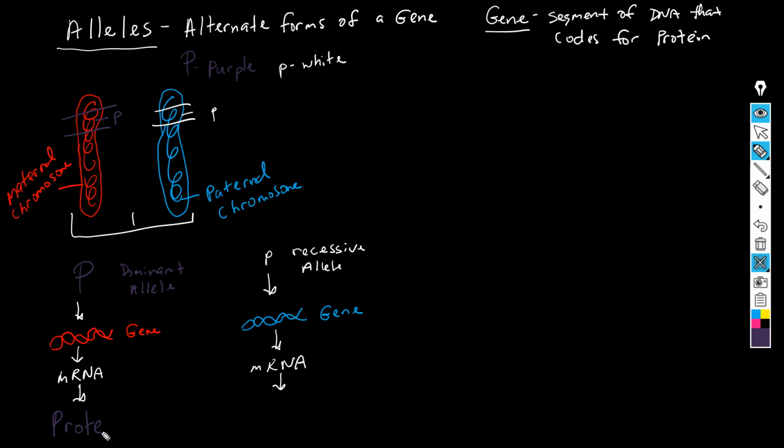But ultimately, what that RNA codes for is a protein that makes the flower purple. And the same thing with the little p: that is an allele, a letter that's representing a gene that codes for mRNA that makes a protein that is going to make that flower white.